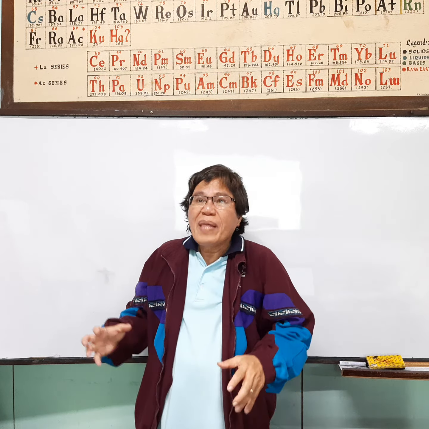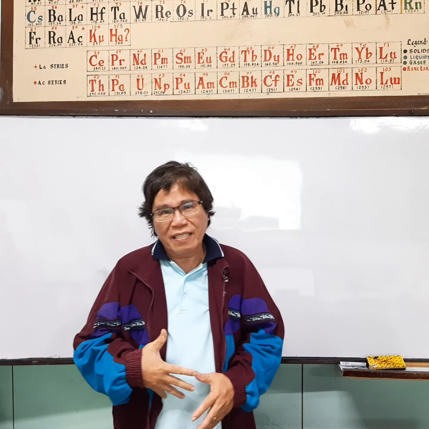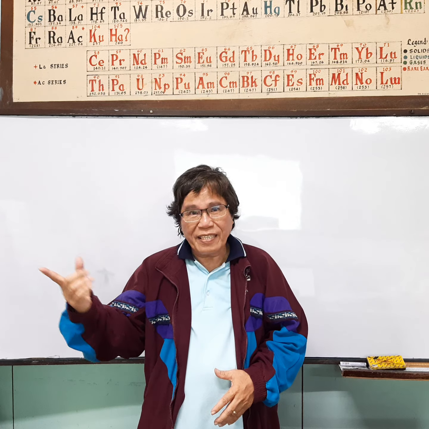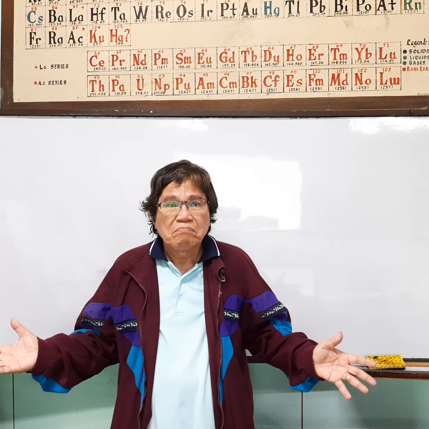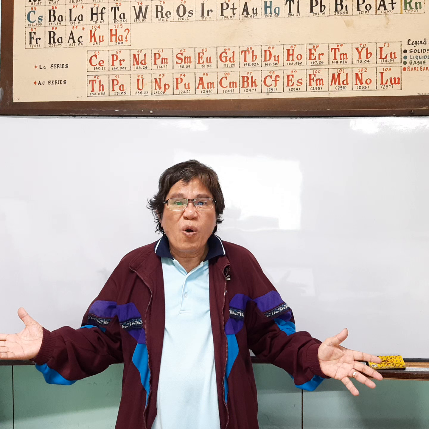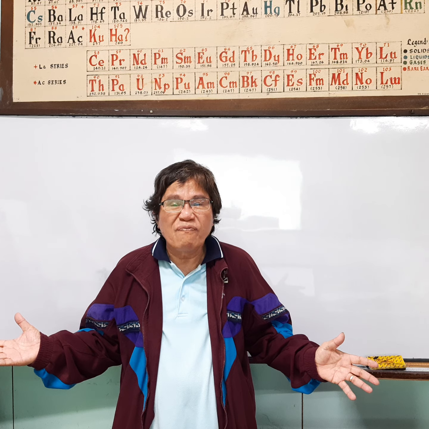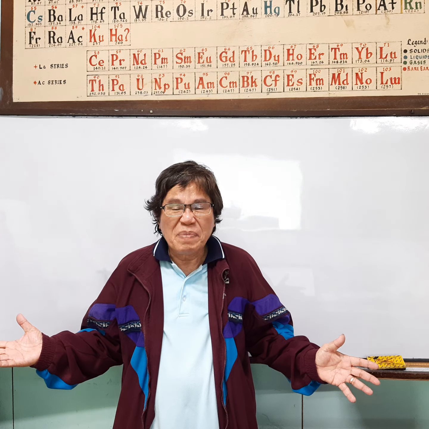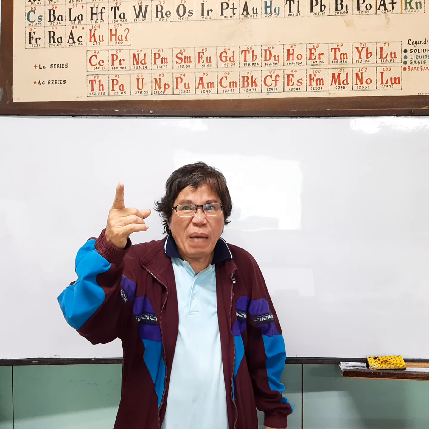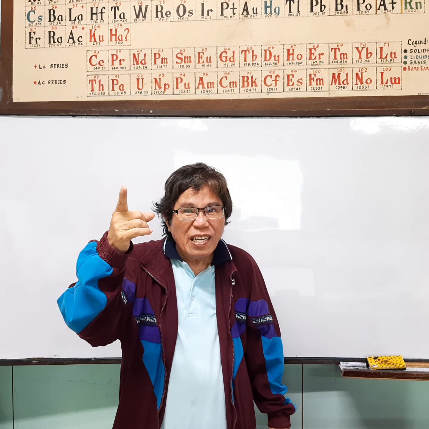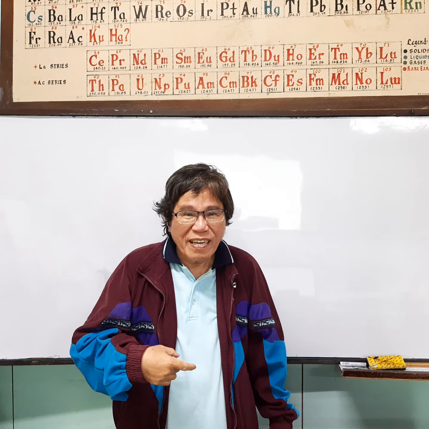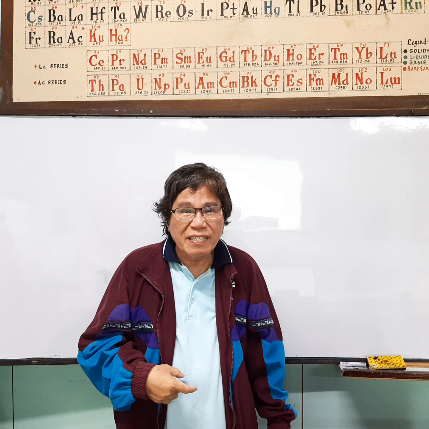The first nearest star to us is the sun. The sun is a star. The second nearest star, Alpha Centauri, is 4.3 light years away. Meaning, light coming from Alpha Centauri travels 4.3 years to reach our planet Earth.